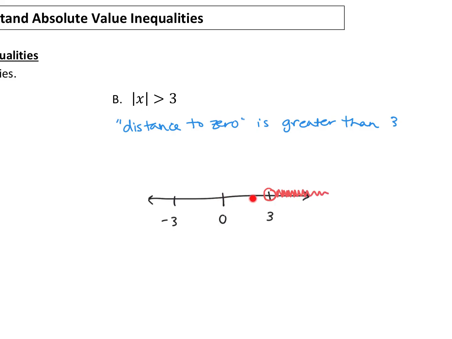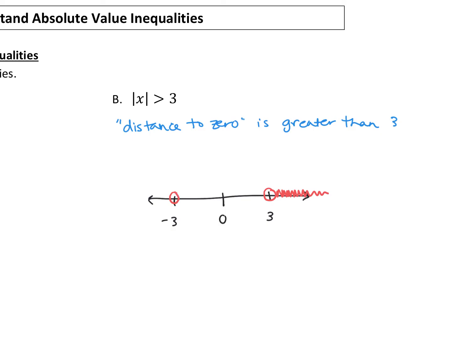So from 0 to 3.5 is hitting right there. 0 to 10 or whatever is hitting right there. So distances greater than 3 are going to start heading out, so we get bigger distances. Here's another big distance from 0. All right, but we do have a distance of 3 in the opposite direction, so we're not including the negative 3, we're going to put an open circle.